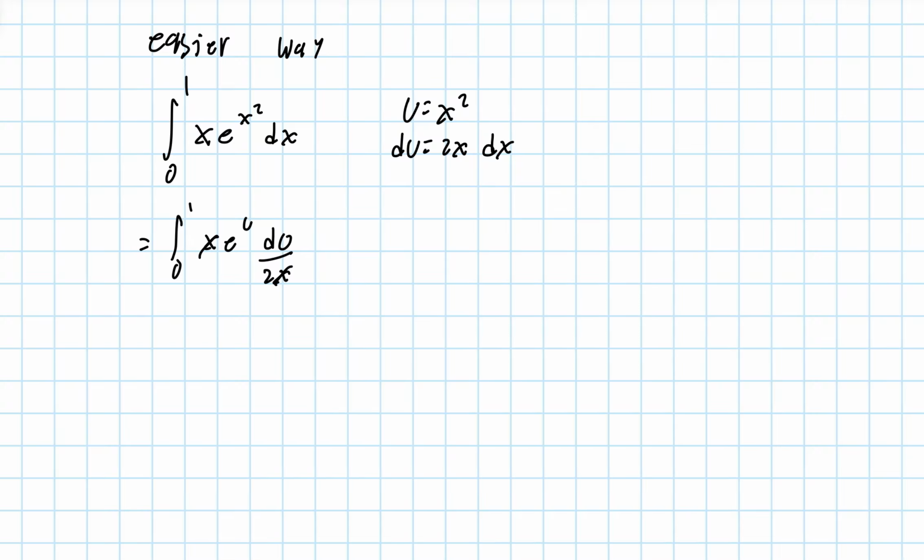To change bounds, you take u of 1 in this case. Since u is equal to x squared, when you take u of 1, you're putting 1 into x squared, so 1 squared is equal to 1, right? And then u of 0 is just going to be 0.